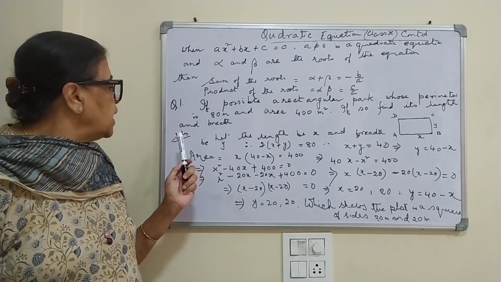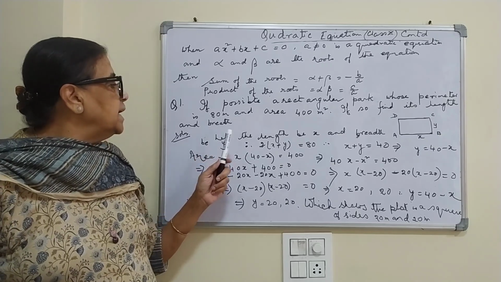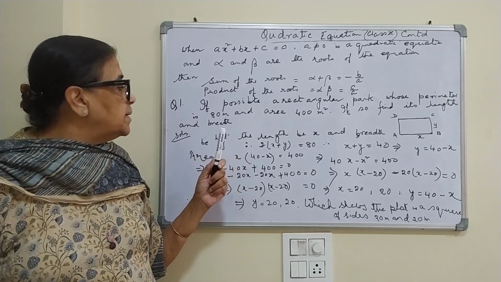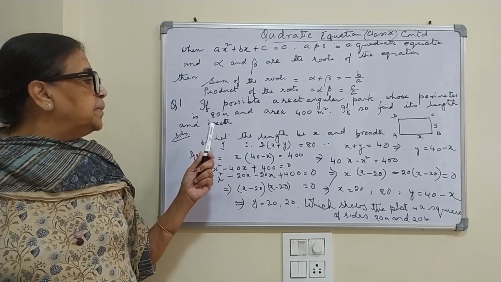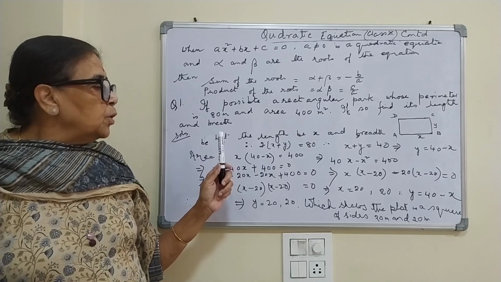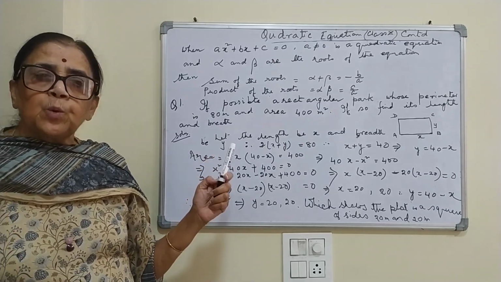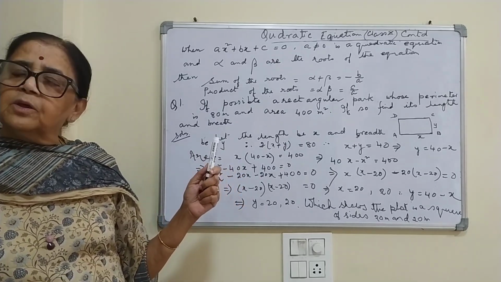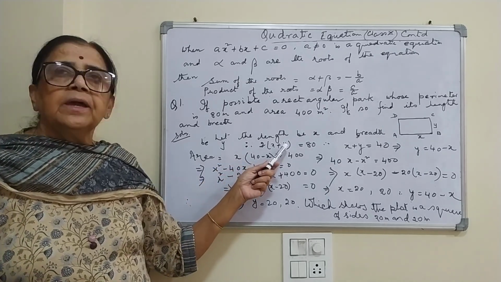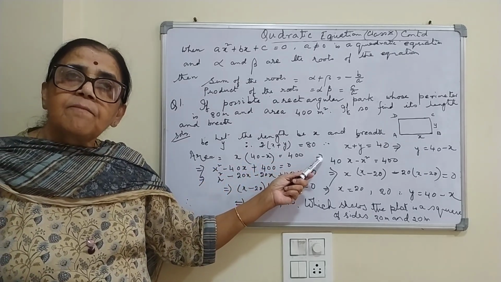Rectangle, okay. Let the length be x and the breadth be y. Perimeter is twice length plus breadth, that is 2 into x plus y is equal to 80.